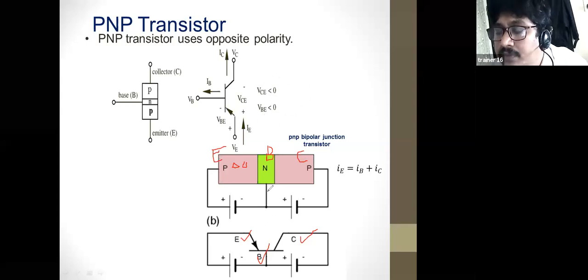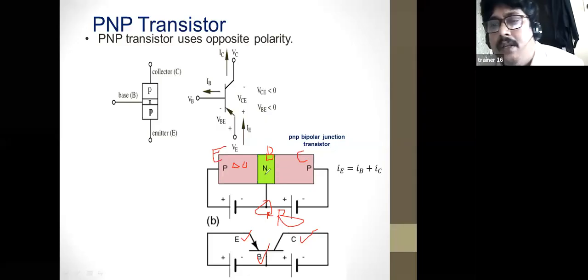A negligible amount of current from the P type emitter flows towards the N type base. And the remaining 95% of the holes cross towards the collector, forming the collector current.